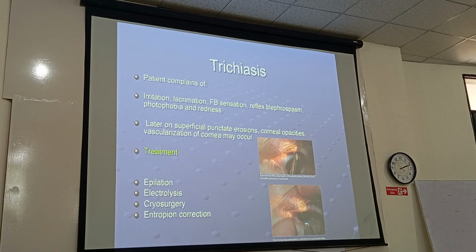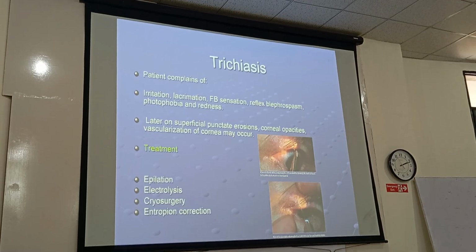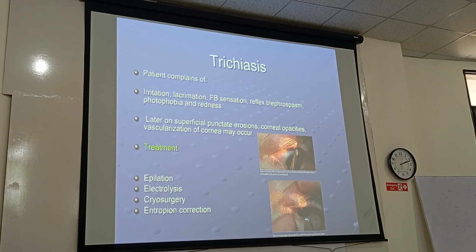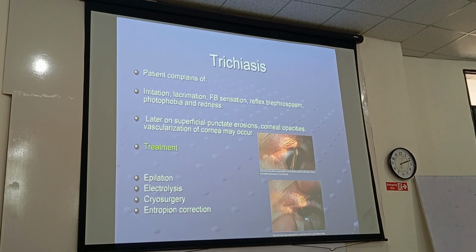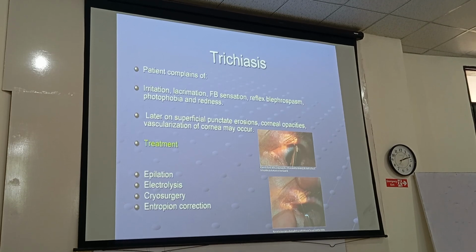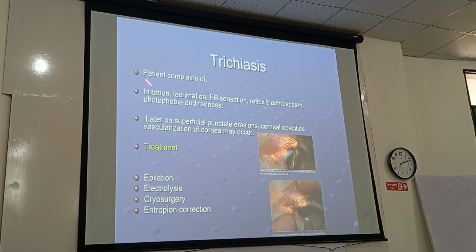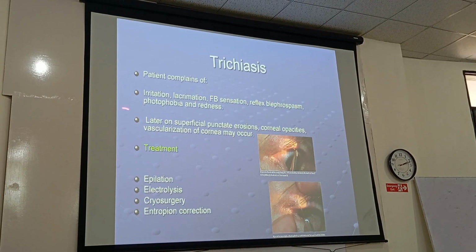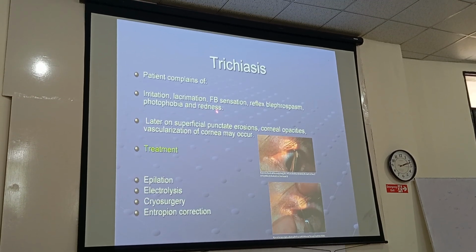It means that it is causing irritation of the cornea and producing more tears because of the irritation of the cornea, which is a very sensitive part. Foreign body sensation, reflex blepharospasm, the eye will close like this. Photophobia, light will hurt the eye, and obviously redness of the conjunctiva.